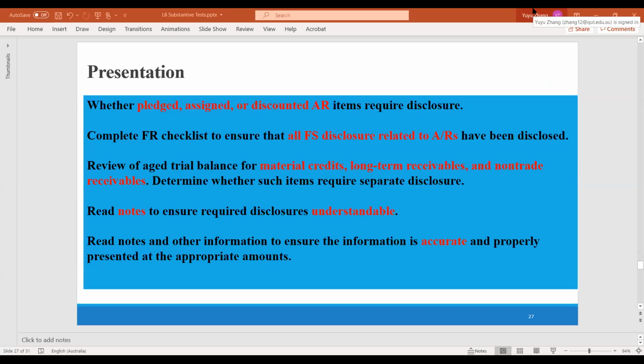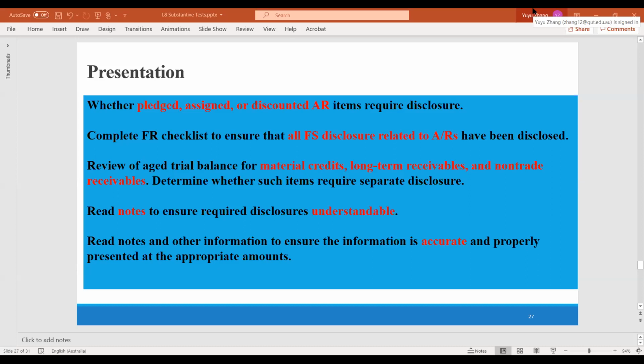For accounts receivable, the other important thing we want to mention is that sometimes those accounts receivable could be factored, could be sold by the company, right? So we have accounts receivable, but we can sell our accounts receivable to a debt collection company to get some quick cash.